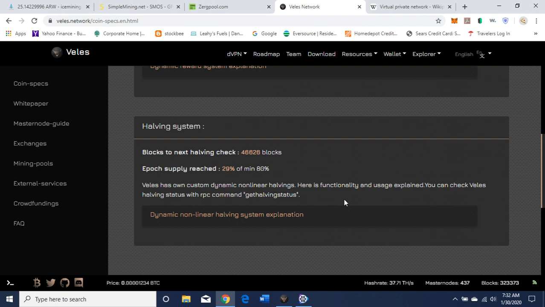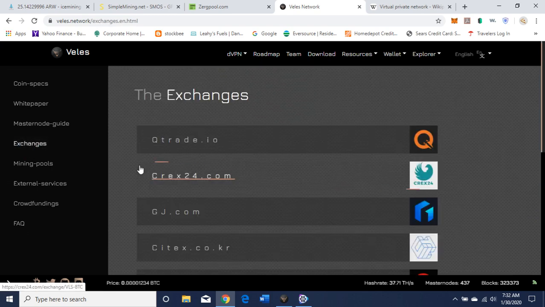Veles has own custom dynamic nonlinear halvings. So here you can click on that. That's going to be a little bit more technical than I want to get into right now, but if you're interested in learning and checking it out, here's a link to it here. Here's some exchanges you can buy them on if you'd like.